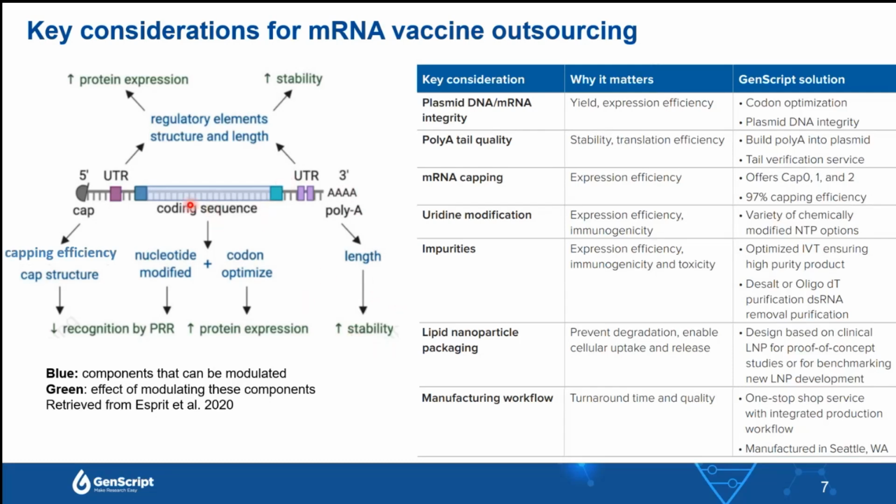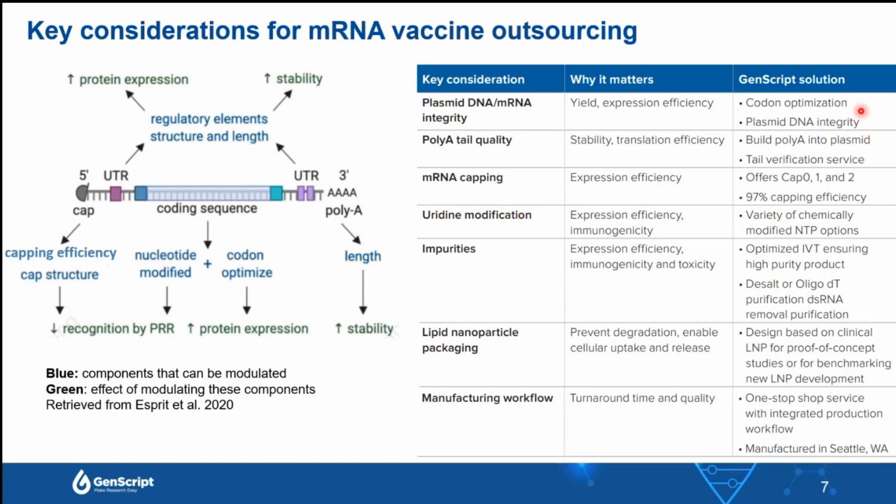So all these are the elements that we can adjust, and these are also the key considerations when we try to find outsourcing. And GenScript has the corresponding solution to these considerations.